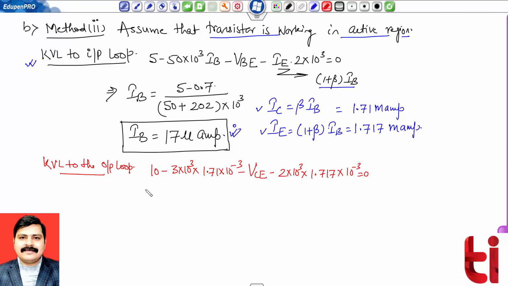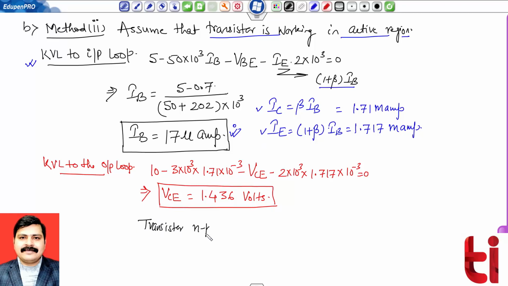And by solving this, we will have the value of VCE equals to 1.436 volts.